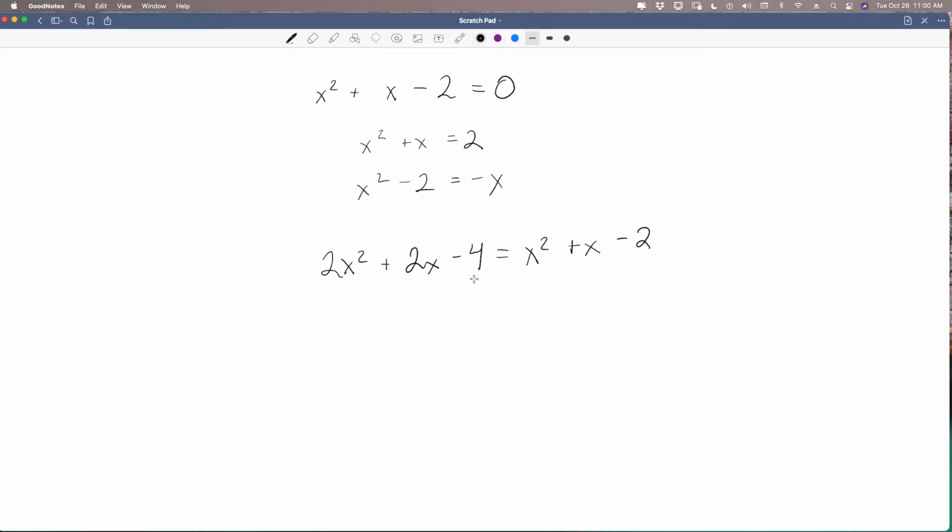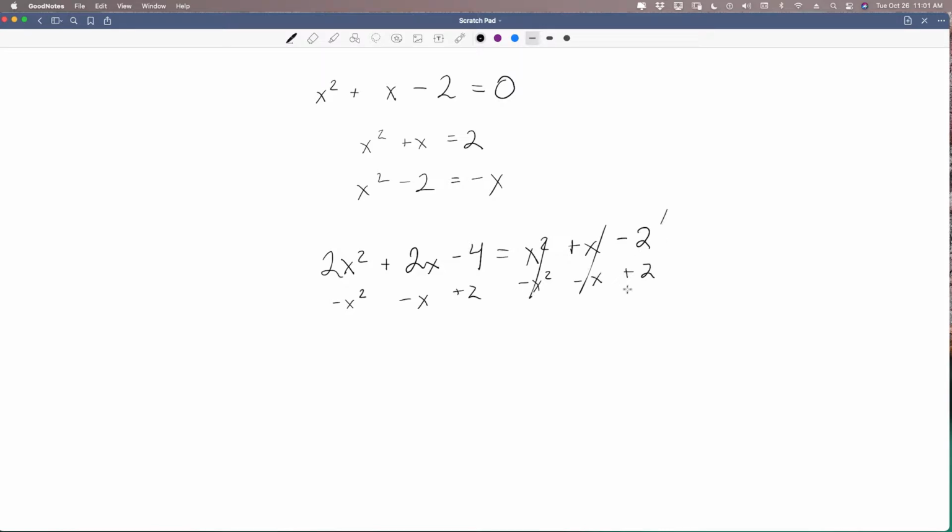This is still a quadratic equation because we can take these things and subtract them or combine them. We're doing the same thing to both sides, right?